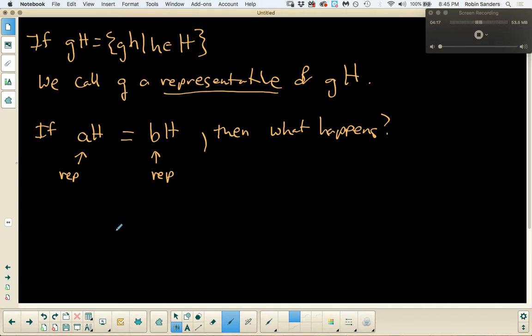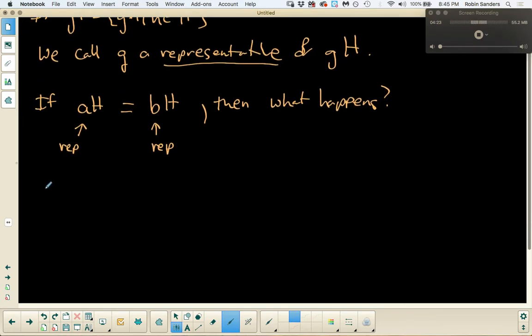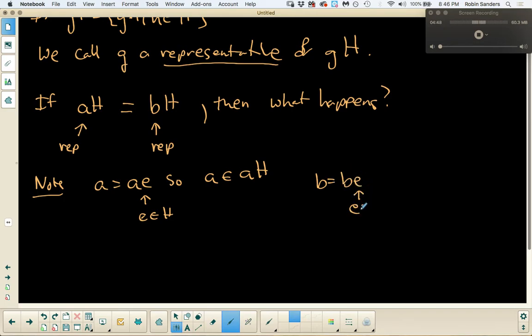Well, we can get at that by examining some important ideas. So what I'm going to notice is this. We know that a is equal to ae, and e is inside of the subgroup H, so a will always be inside the left coset aH. Likewise, b is equal to be, and that e is inside our subgroup H, so b will always be an element of the left coset bH.